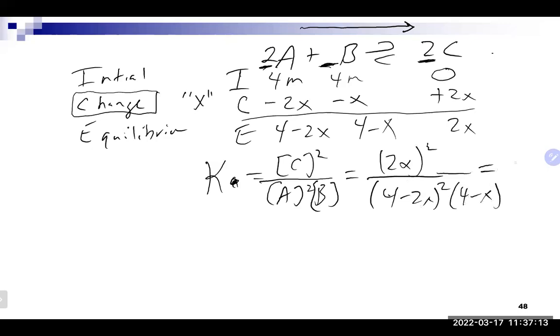And that would equal, obviously, a K value that you would be given, whatever it may be, 60 or whatever that number may be. At this point, you have to do some math, maybe the quadratic formula. I think maybe we did in the previous example. That will be the most difficult math that we do probably in this class.